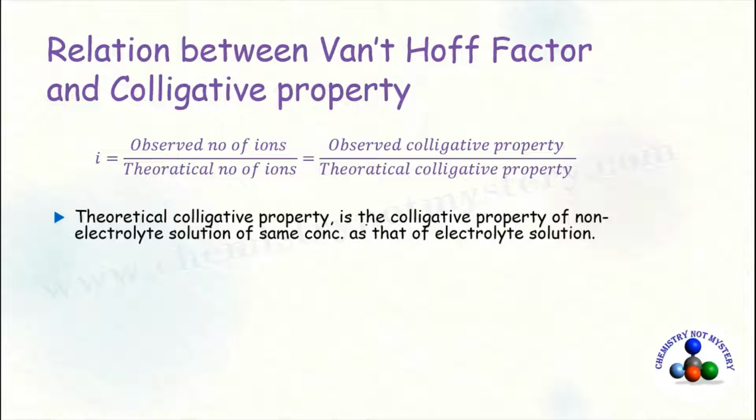Theoretical colligative property is the colligative property of a non-electrolytic solution of the same concentration as that of the electrolytic solution, because the theoretical value of colligative property is calculated from the theoretical number of ions, and the theoretical number of ions were calculated by the number of ions before dissociation or association.